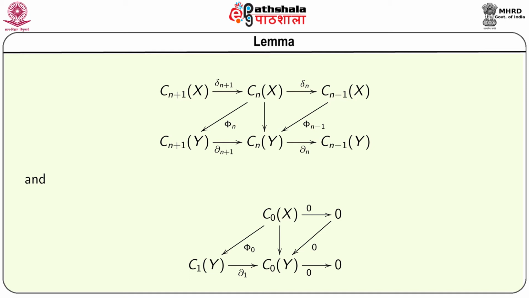If we look at the right triangle, then we get a function by composing phi n minus 1 with delta n. It is a function from Cn x to Cn y.